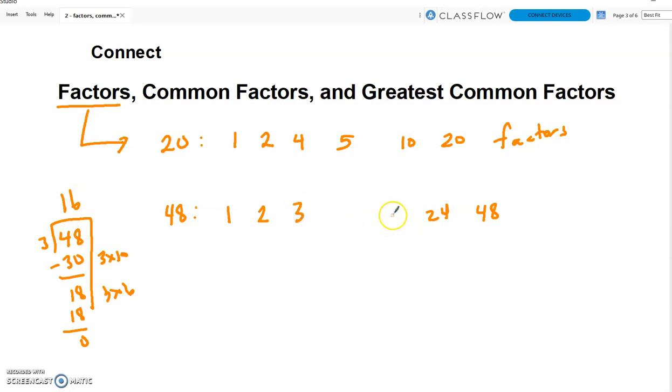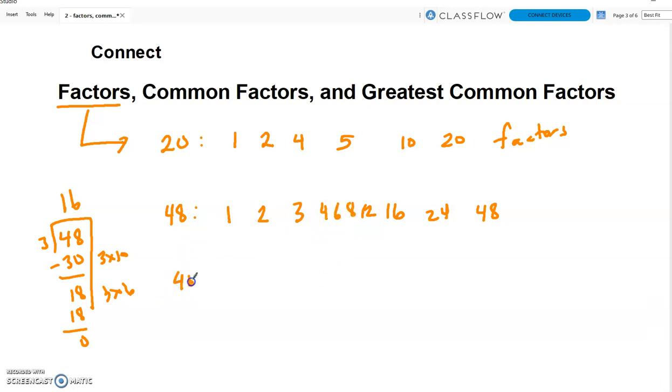And that's one of the hard things with factors: there's going to be numbers you don't know that are factors. So you've got to keep trying things. You probably know 4 times 12. So that's also a set of factors. Let me try 5. 5 times nothing is 48. What about 6? 6 times 8 is 48. And here's how I know when I'm done. Let's try 7.